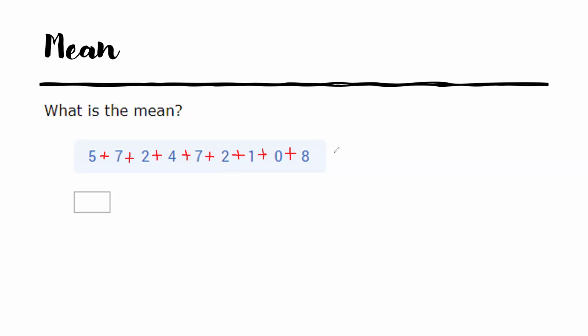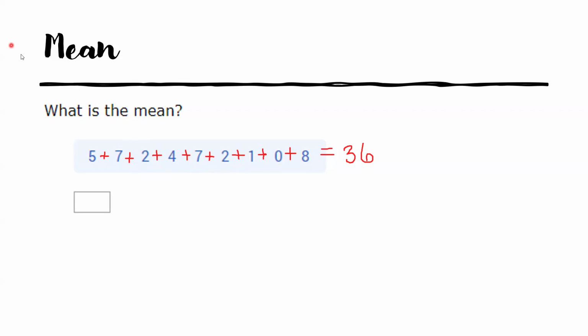So when we add all of these data points together, we get a total of 36. But that isn't our final answer. To actually get the average of those, we're then going to divide by however many numbers there are. So we have 1, 2, 3, 4, 5, 6, 7, 8, 9.